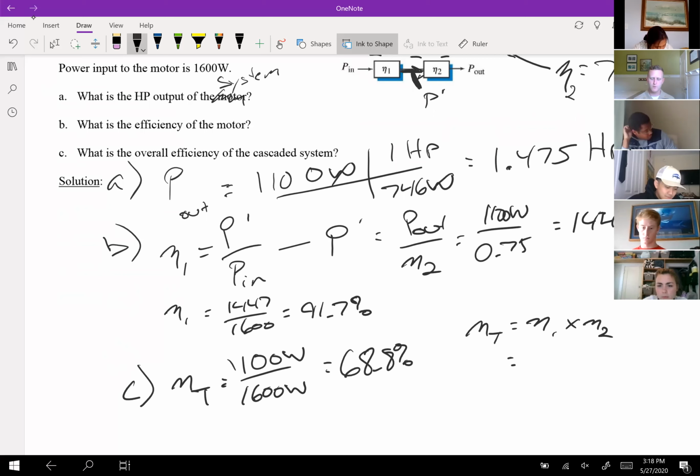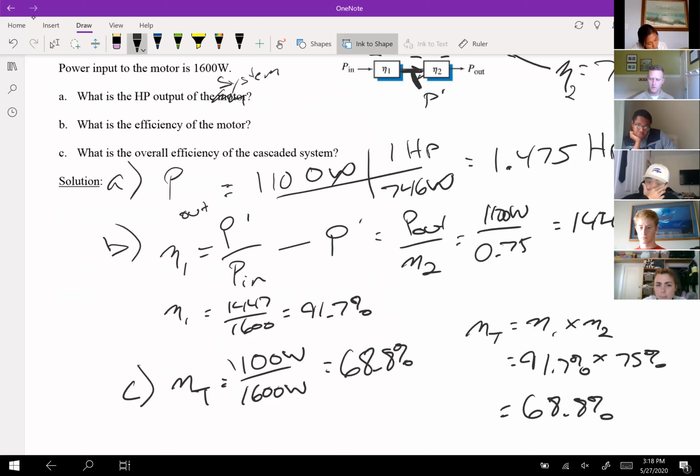So if eta 1 is 91.7%, multiply that by 75%. If you're doing that in the calculator, remember that would be 0.917 times 0.75. That's what the percent means. And then that comes out to 68.8%. So there's example 13.